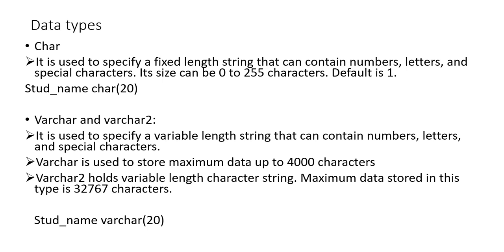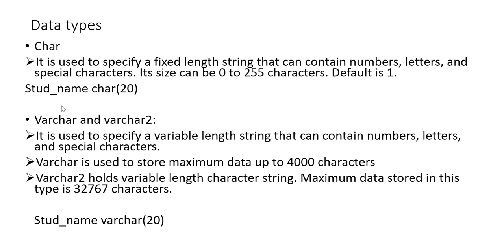So the very first data type is the char data type. What does char data type mean? It is used to specify a fixed length string that contains numbers, letters, or any special characters. Using the char data type, we can handle 0 to 255 characters, and the default size is 1. You can see the example here, stud name.